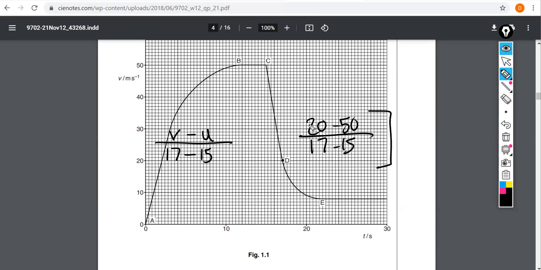Is this the calculation that everybody has? Did anybody find different points within that to do this with? So it's going to be negative 30 over 2, or negative 15 meters per second squared. Note that that's steeper down than this is rising.